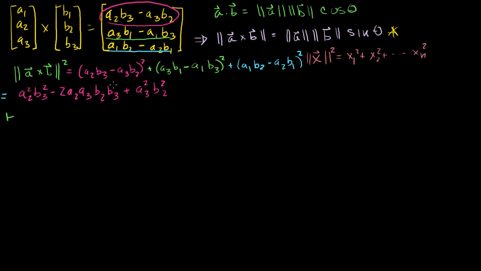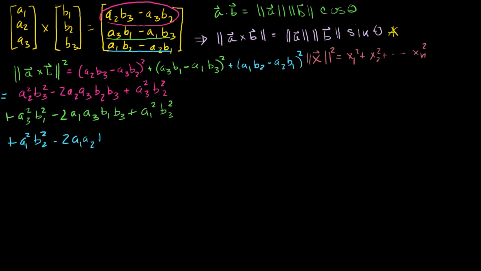So plus a3 squared b1 squared minus 2 times both of these terms multiplied, minus 2 times a1 a3 b1 b3, plus that term squared, a1 squared b3 squared. And then finally, this term squared. So plus a1 squared b2 squared minus 2 times a1 a2 b1 b2 plus a2 squared b1 squared.